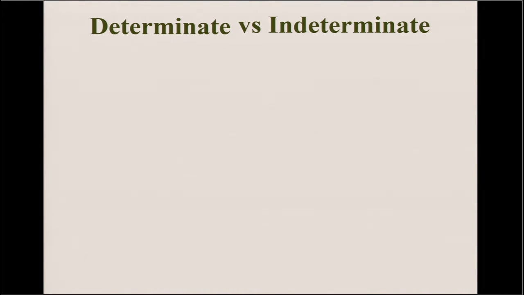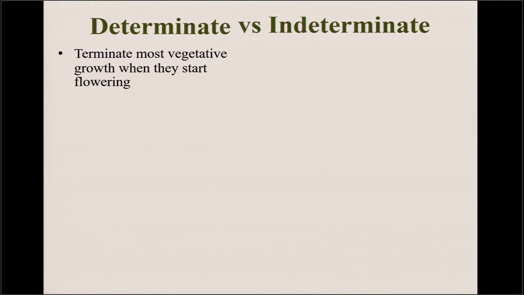Another important piece of vocabulary involving these earlier maturing varieties is the difference between a determinate and indeterminate variety. A determinate variety is one that stops most vegetative growth when the plant starts flowering.